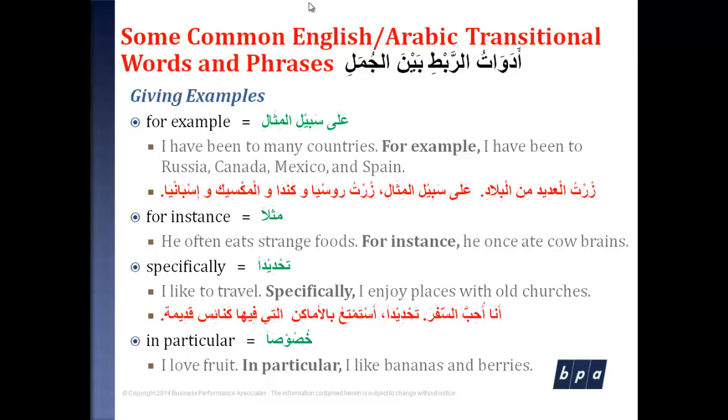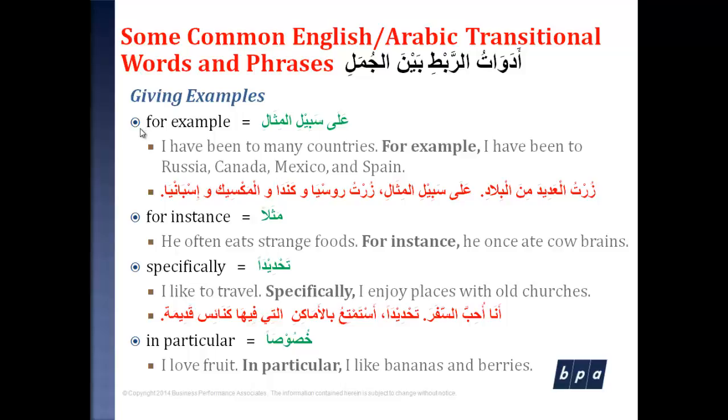This one is giving examples. We will not be presenting all transitional phrases. We will be focusing on common ones and useful ones in common conversations.